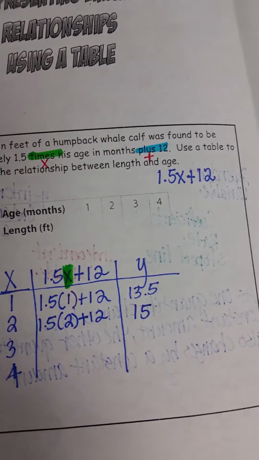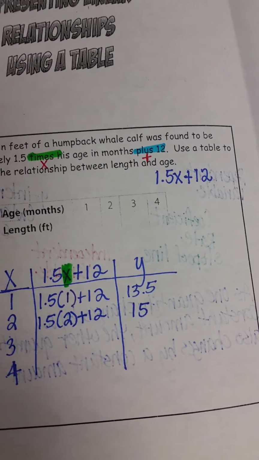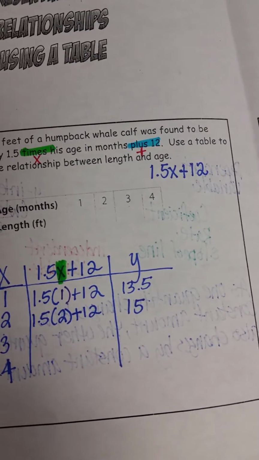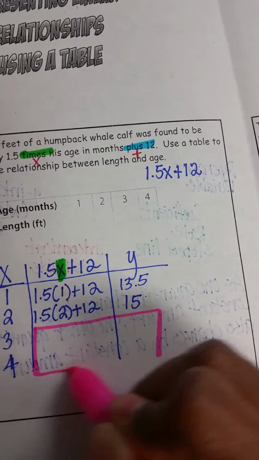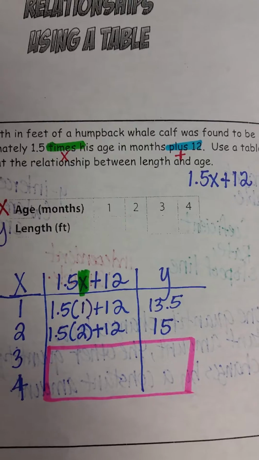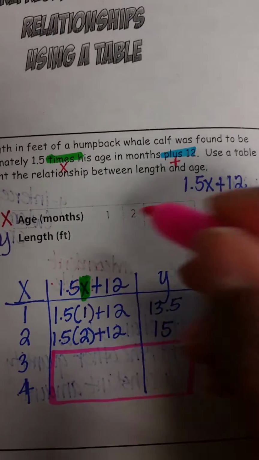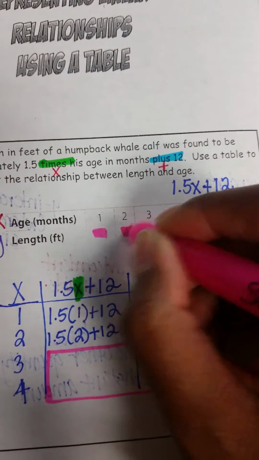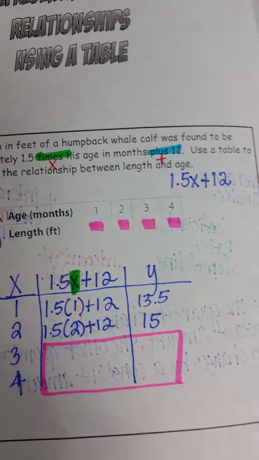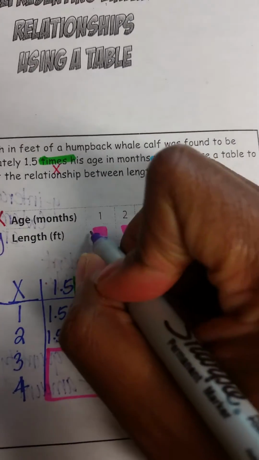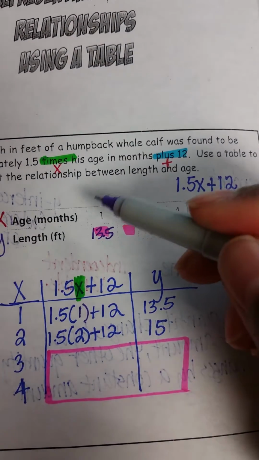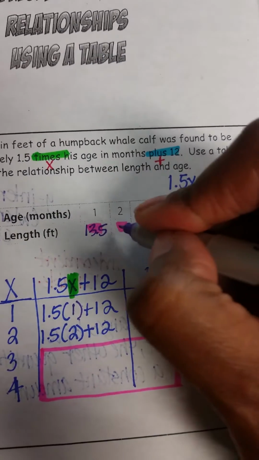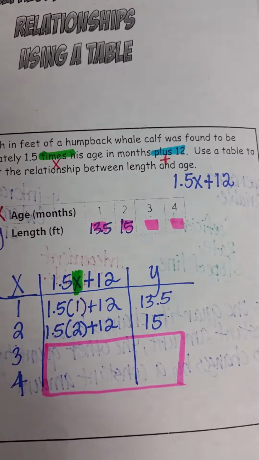So now what I want you to do is complete this part right here for class tomorrow. And also input your values where they go. We're going to do our first value here, which is 13.5, and then this one would be 15.